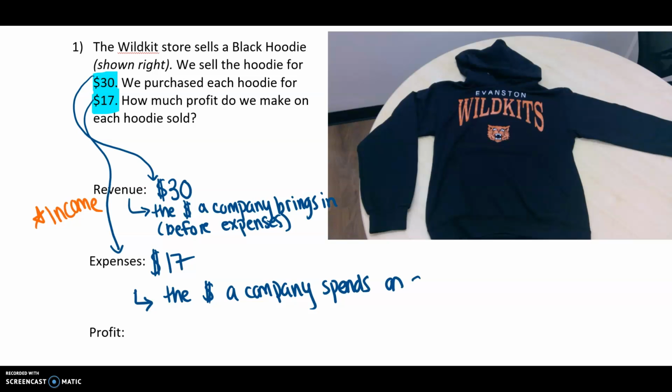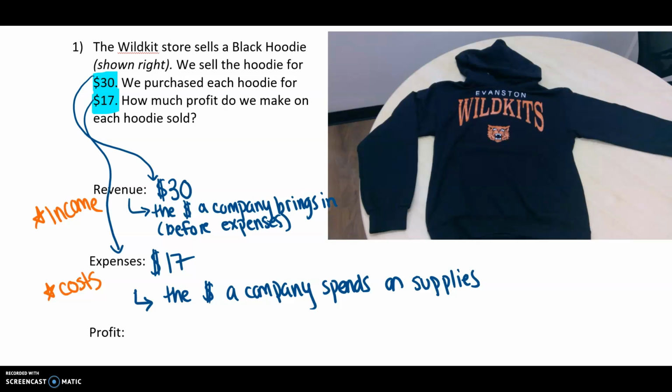Just a little vocab here. For example, expenses could be rent for a store. It could be the cost of the hoodie, like in this case. So they have to purchase a plain black hoodie. Then they have to pay a graphic designer to design something and print it on. All of those are a company's expenses. So another word for expenses could be costs for supplies.